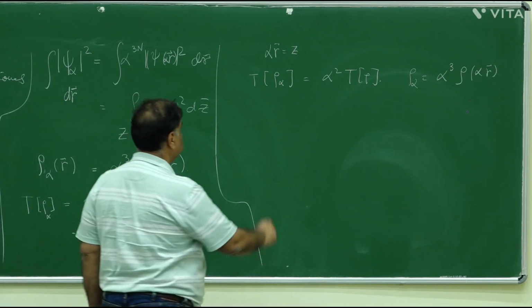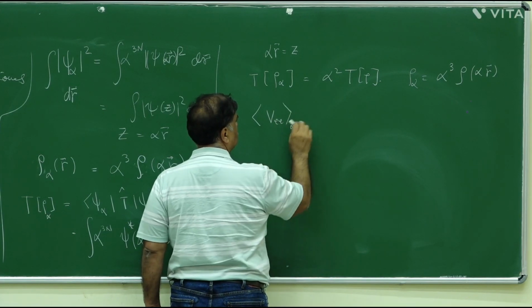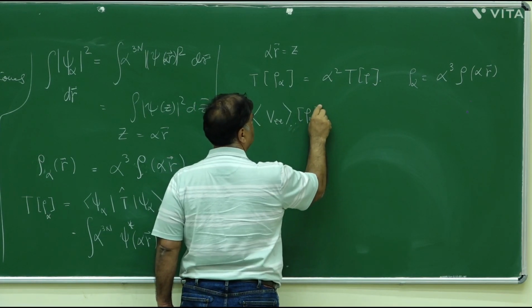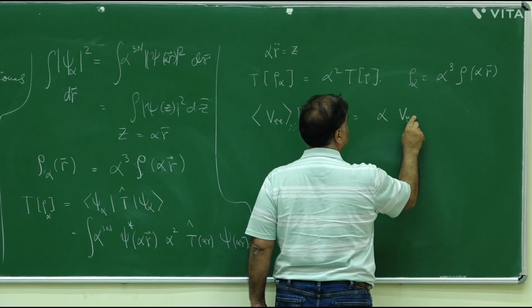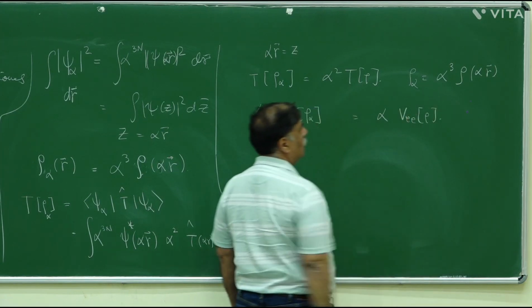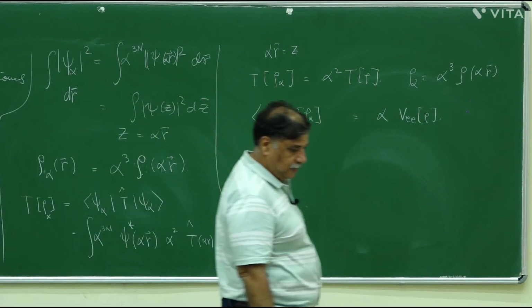And similarly, you can show that the expectation value of VE as a function of rho alpha is going to be alpha VE. Leave it for you to check. Okay? Alright. So these are some scaling relationships which we will use a little later.